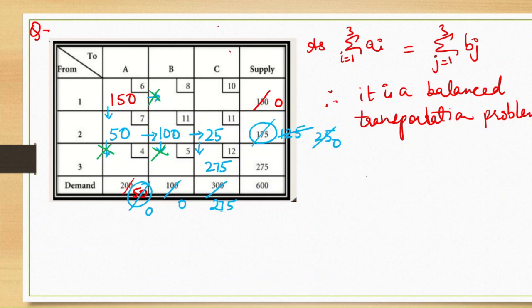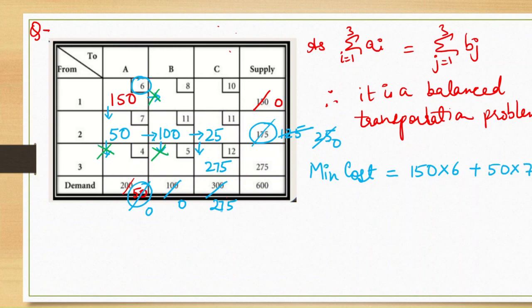And what would be the minimum cost that we'll be getting? The 6 is C11, the cost per unit from source 1 to destination A. So I'll be multiplying it by 150 units, then adding 50 into 7.